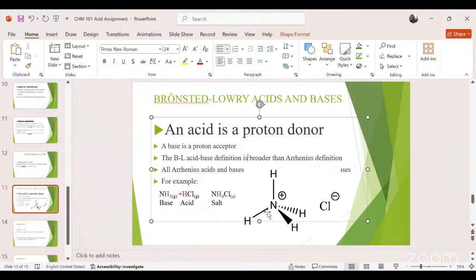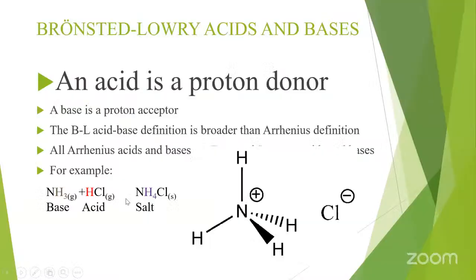Or you can look at this example in which we have ammonia. Let me make this bigger. Now look at it. We have ammonia here. That's NH3 gas. It's just in the gas phase. No solution, no water, nothing. And we have HCl, which is hydrogen chloride gas. This one is in the gas phase, so we call it hydrogen chloride gas.